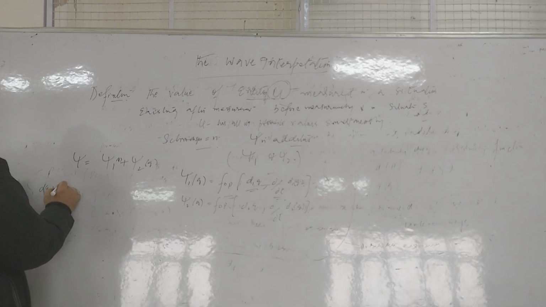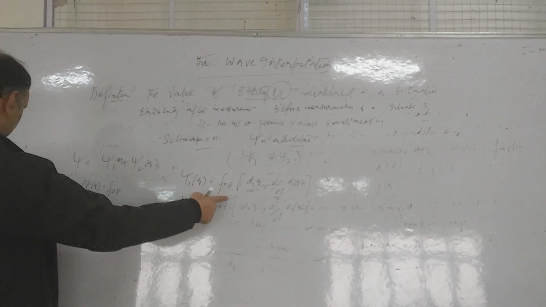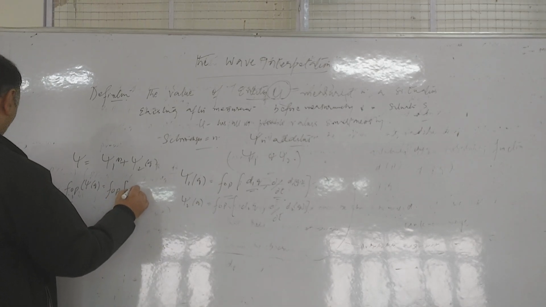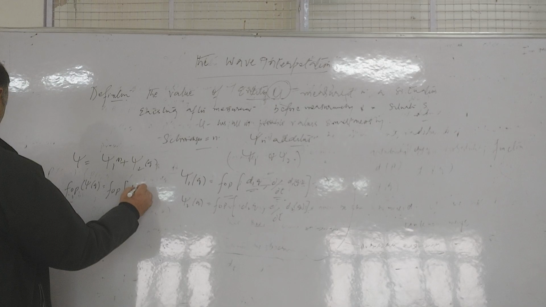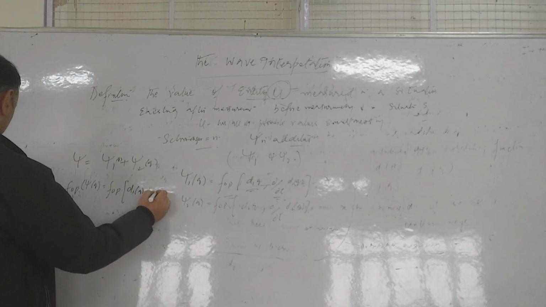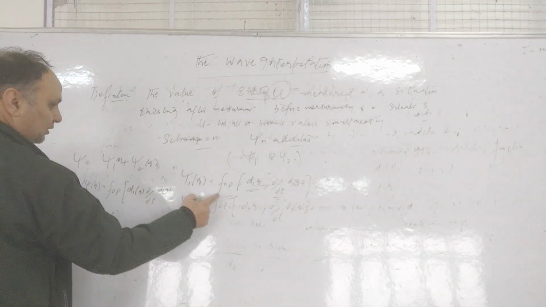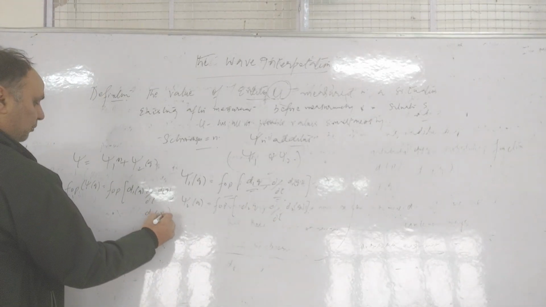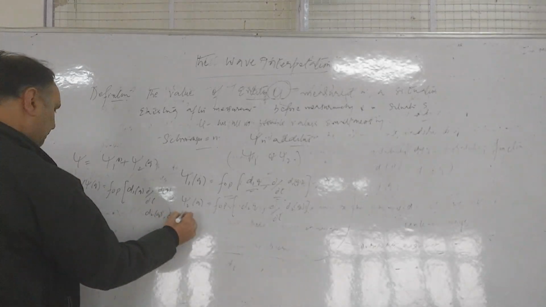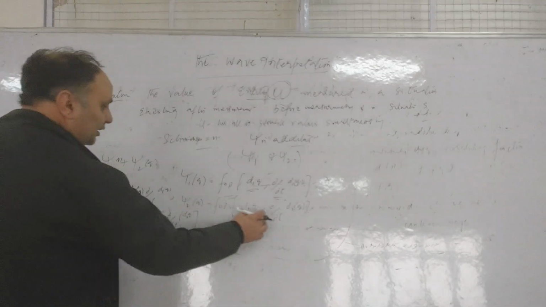So the equation for psi is basically f operating upon psi of q. You can have two operators, this and this plus this. Either it will be f of d1q and d/dt of d1q, plus f of d2q and d/dt of d2q. That is one, and the other is for the operator d/dt.